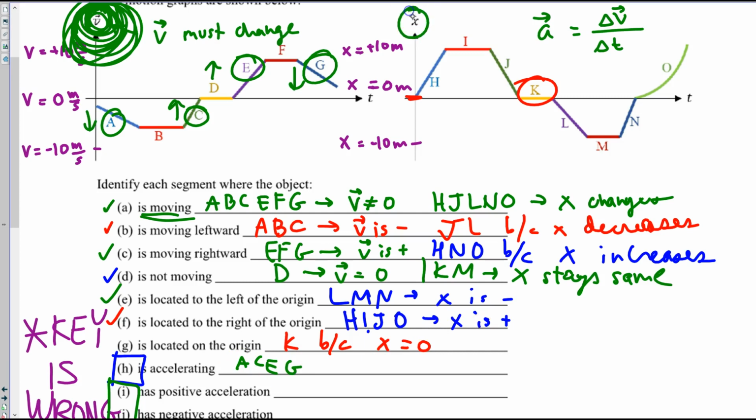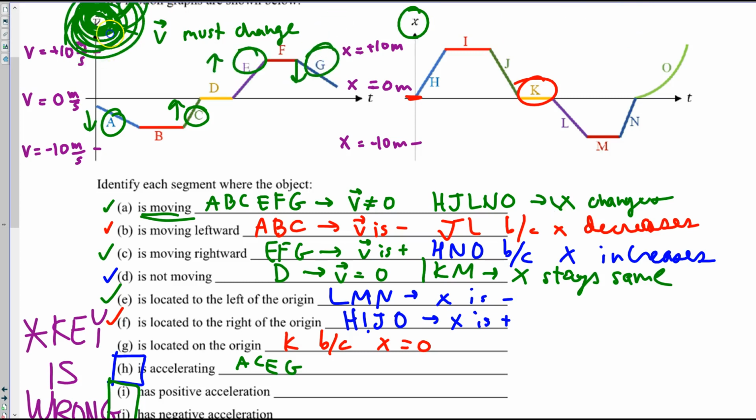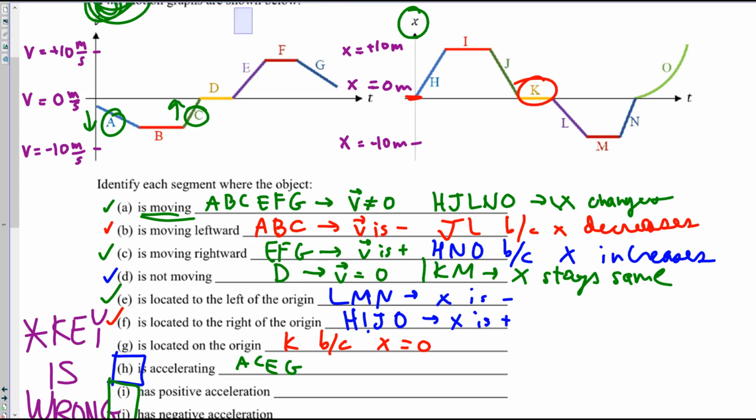How about the position graph? Now we're going to use the same rule for the position graph. We will still look for spots where velocity changes, but on a position graph, velocity equals slope. So instead of looking for where the velocity changes, just look for where the slope changes.